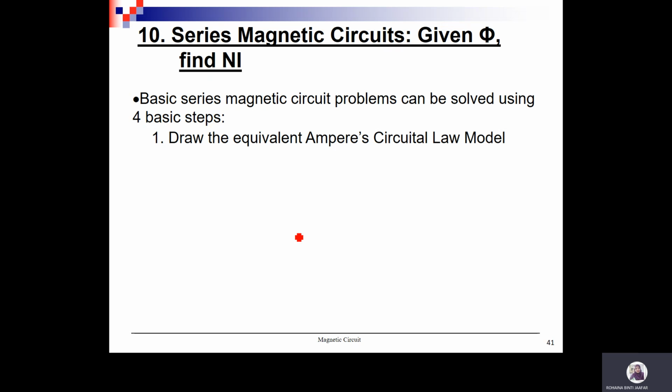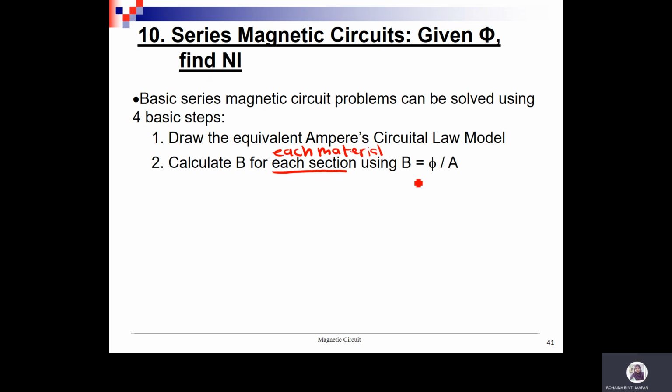First, you have to draw the equivalent Ampere circuital law model. And you have to calculate B, the flux density, for each section. What it means by each section is that you have to calculate B for each material involved, depending on your magnetic circuit.